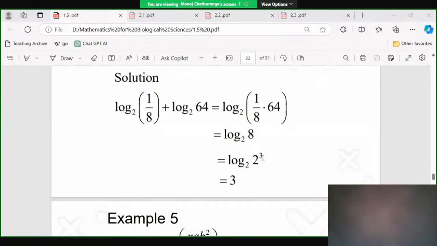Log base b of b to the power x is the same as x, because you can bring the exponents to the front. Logarithms take these exponents and make them coefficients.